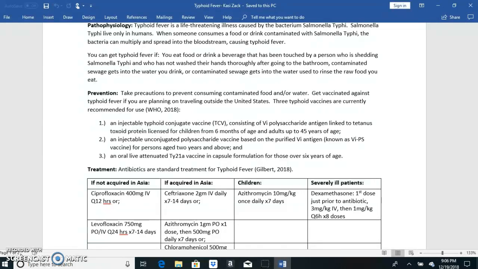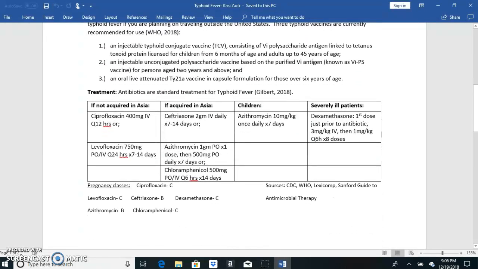The second one is an injectable unconjugated polysaccharide vaccine based on the purified Vi antigen, known as ViPS vaccine, and that is for people aged 2 years and above. And then lastly, there is an oral live attenuated Ty21a vaccine in capsule formulation for those who are over 6 years of age. And then we'll go into the treatment of typhoid fever.